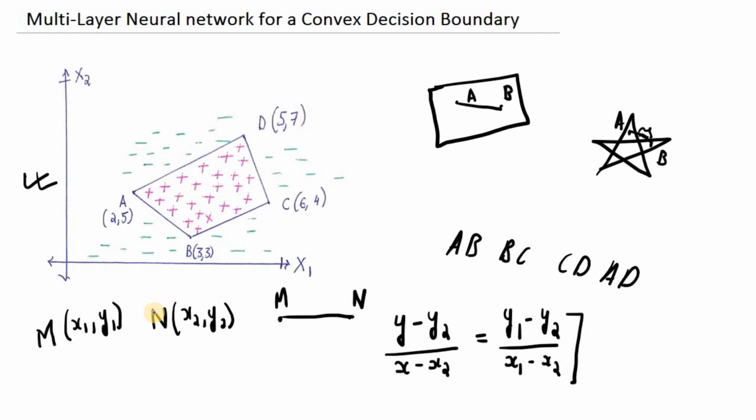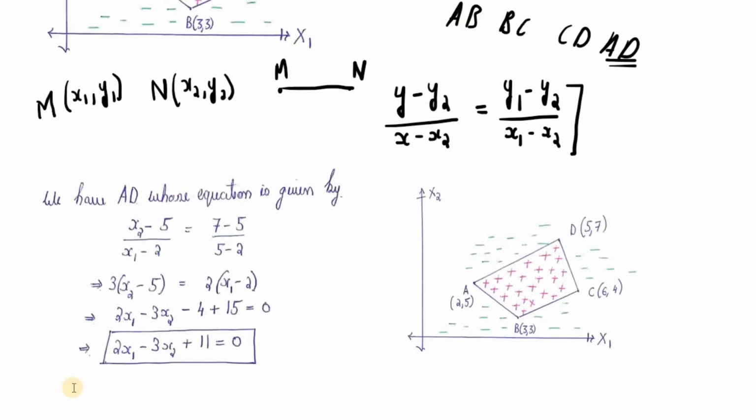Now, keeping this result in mind, we will proceed with finding the equation of the line AD. We already found out that these are the 4 lines which make up the polygon ABCD. We can clearly see that we have 2 points A and D. A is given by the coordinates (2, 5), and D is given by the coordinates (5, 7).